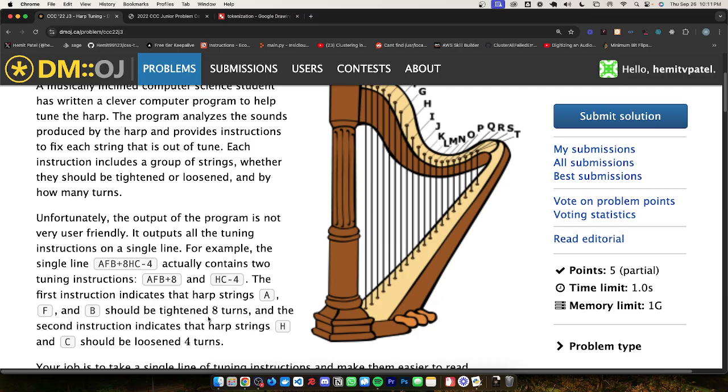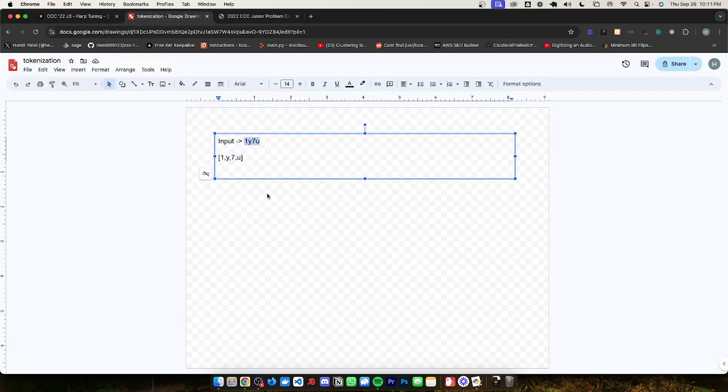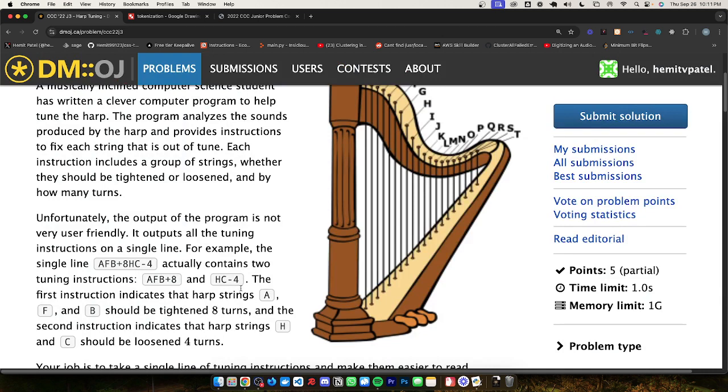You can see how tokenization is already playing a role here, because this question is already tokenizing the output by specifying different characters which we can interpret as tokens, for example A, F, and B. They're all part of this value, but they're represented as separate entities, and you can see that because they're each in their own square.